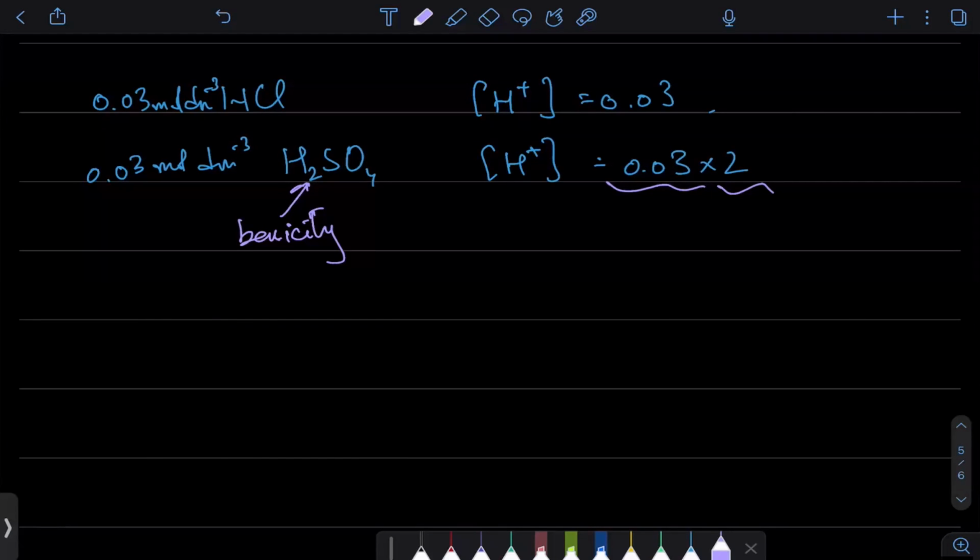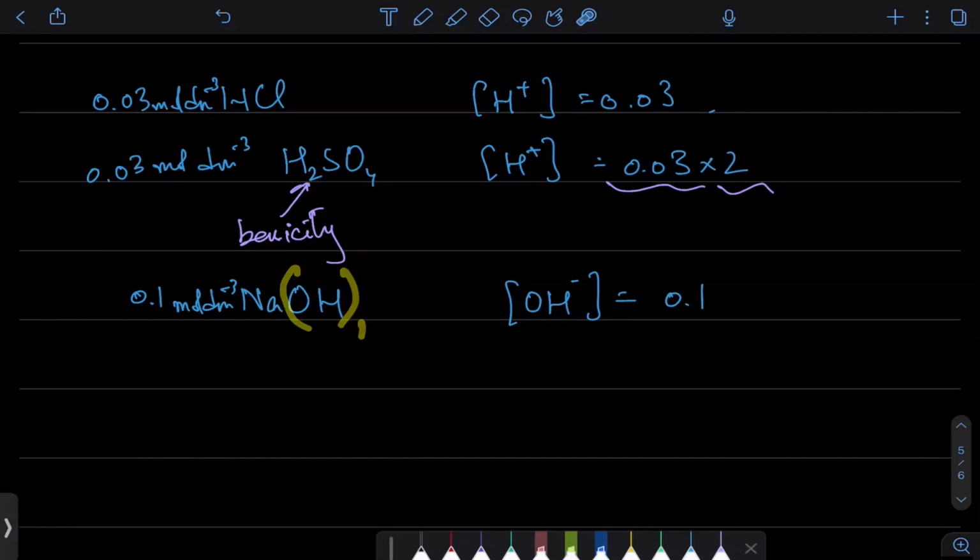And this same idea will continue with alkalis. तो अगर मुझे NaOH को देखना है and I have 0.1 mole per dm cube of NaOH, then all I have to do is OH minus concentration is going to be 0.1 times 1 because इसमें मुझे ये एक OH minus दे रहा है.